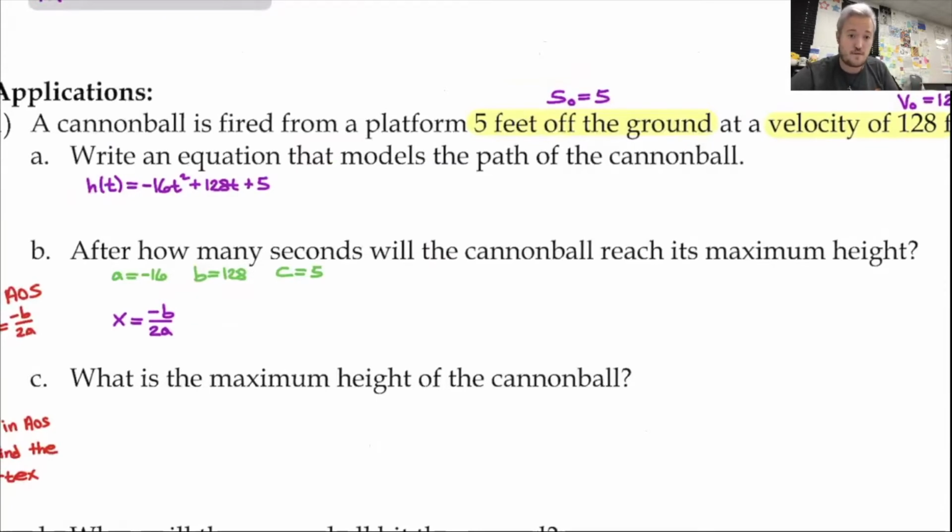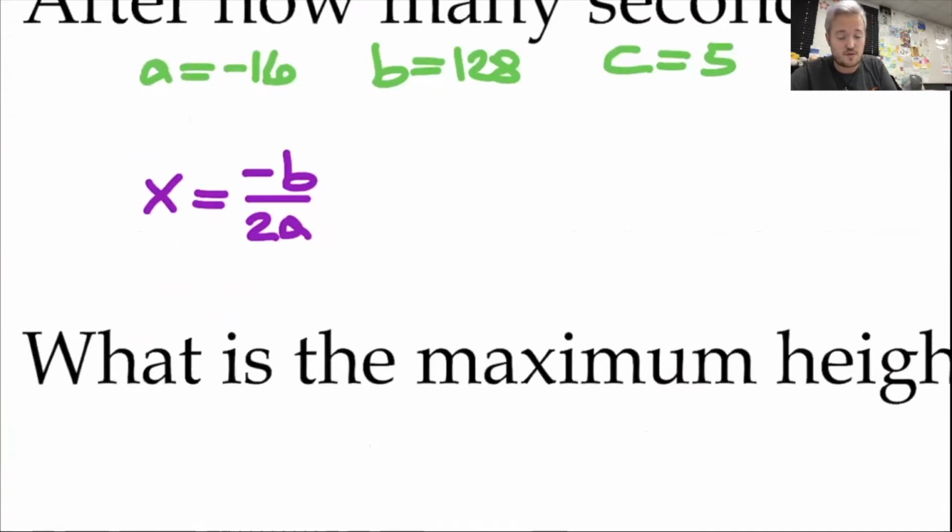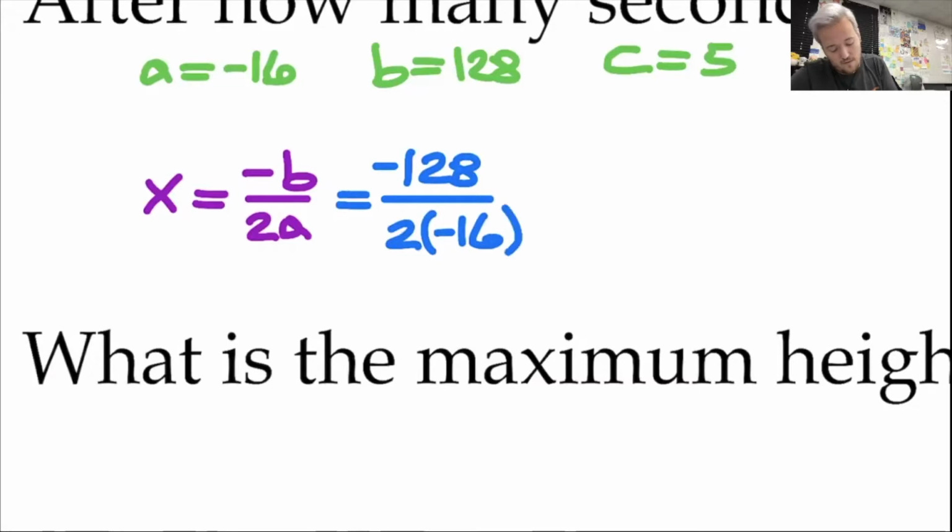So now that I have those values, I'm actually going to plug them into their respective place in the equation. So I want the opposite of B. So I want -128 all over 2 times your A value. So we're going to have -128 over -32.